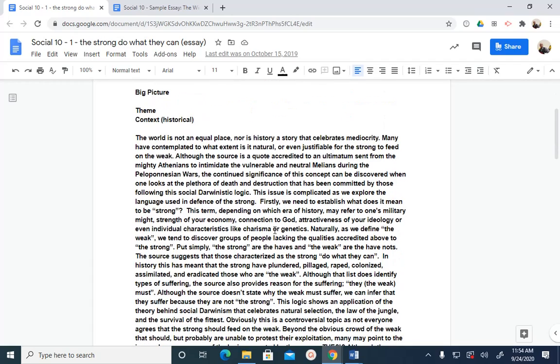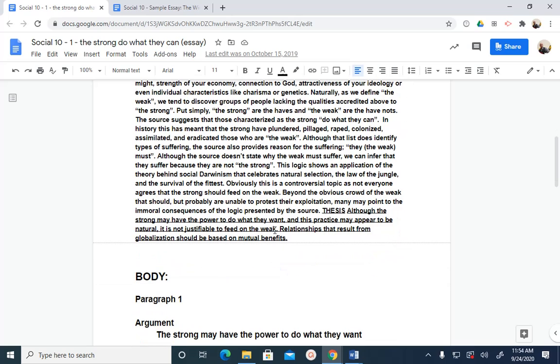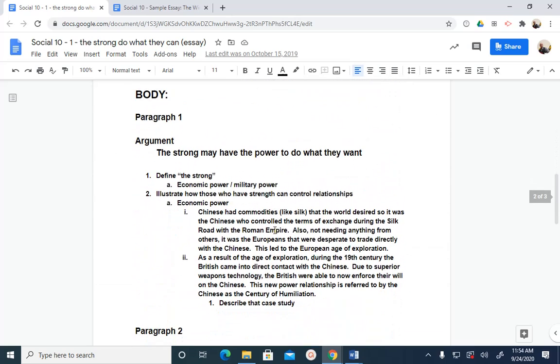So we looked at the history behind it, we watched some video on it, and we also talked about how we could develop an essay connected to this. If we're developing an essay connected to the strong having the power to do what they want, you can certainly look at the story of the Chinese.